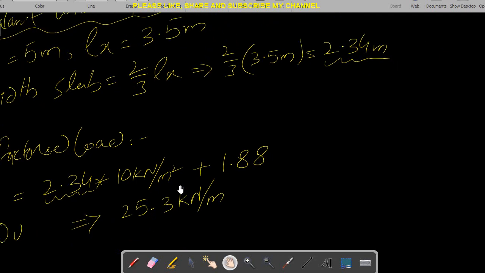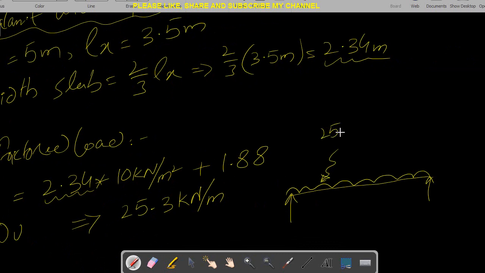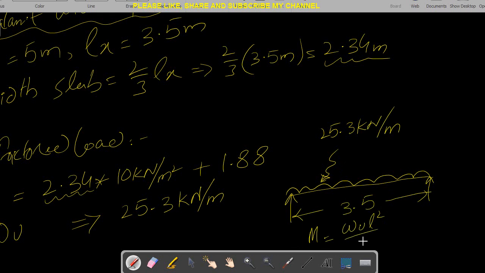So this is important. Now I have a simply supported beam and the equivalent UDL is 25.3 kilonewton per meter and the span is 3.5 meter, and we know the maximum bending moment for a simply supported beam is WL square divided by 8.